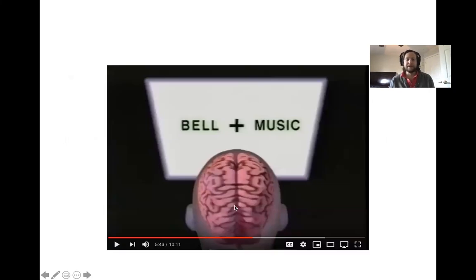So first, here is a screenshot of the video that we watched the other day, and you can see the exact time point in the video where this is occurring, around 5 minutes and 43 seconds. They're showing the participant who's looking at this image on a computer screen, and the word bell is going to this individual's right hemisphere, and the word music is going to this individual's left hemisphere.